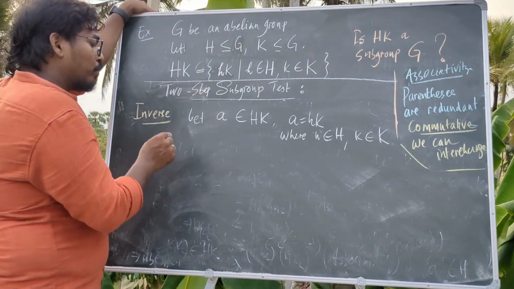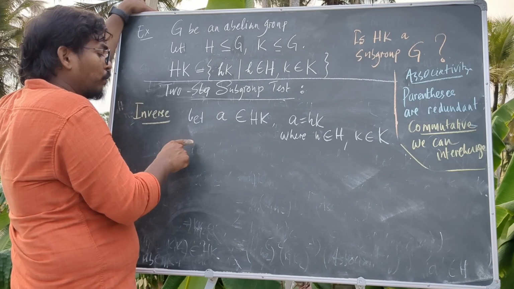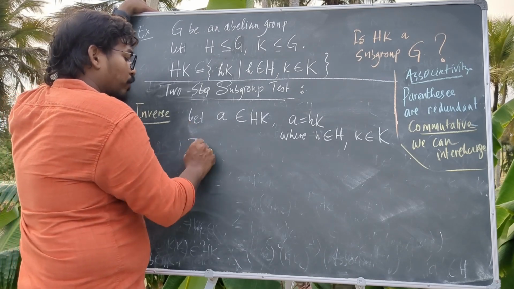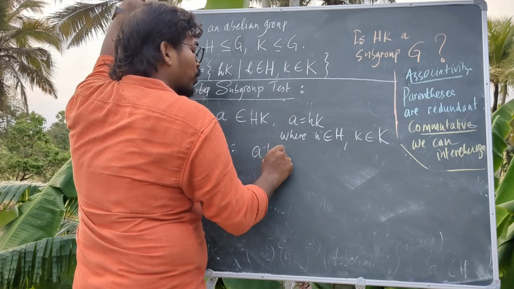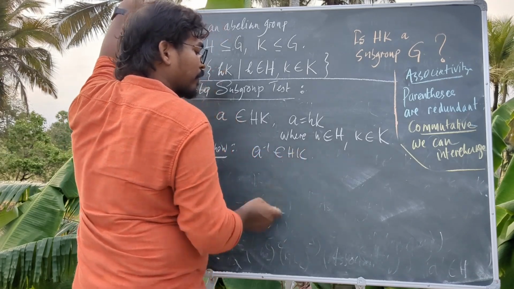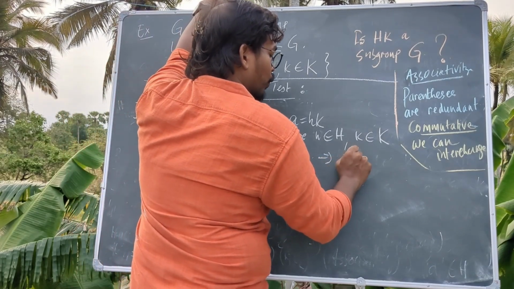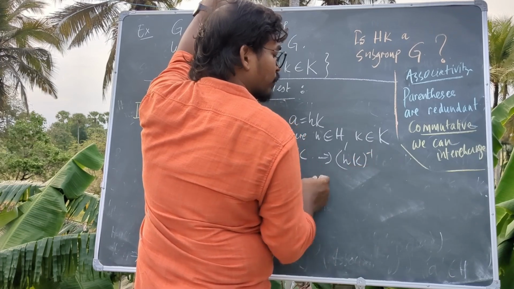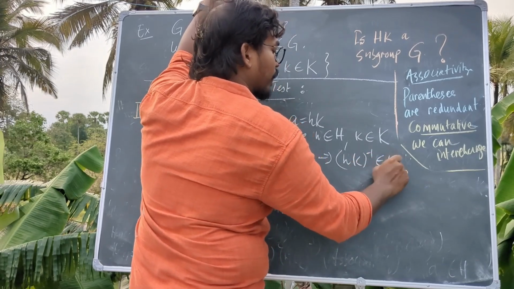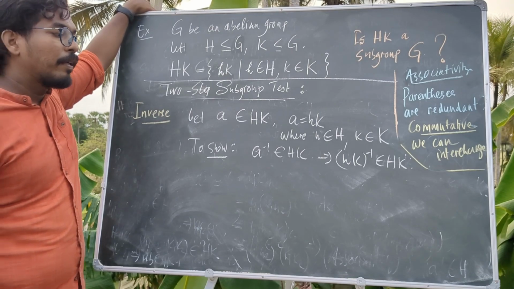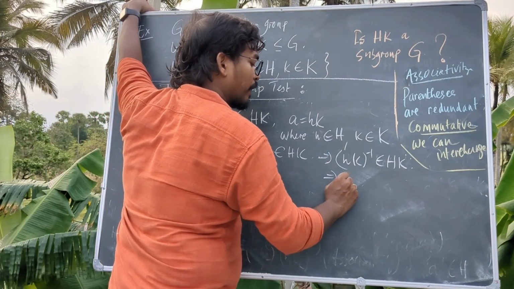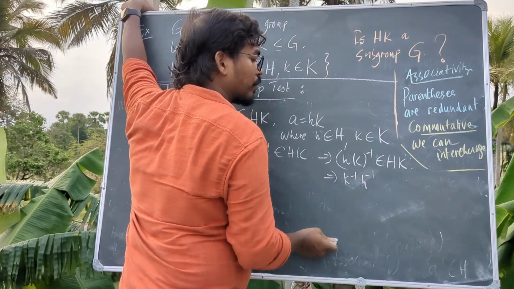We have to show A inverse also belongs to HK. That implies we have to show its inverse belongs to the capital HK, and it is nothing but k inverse h inverse.